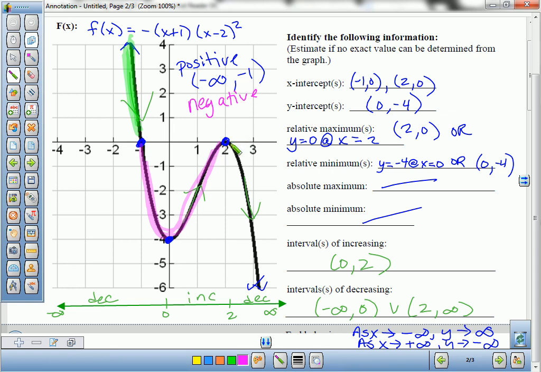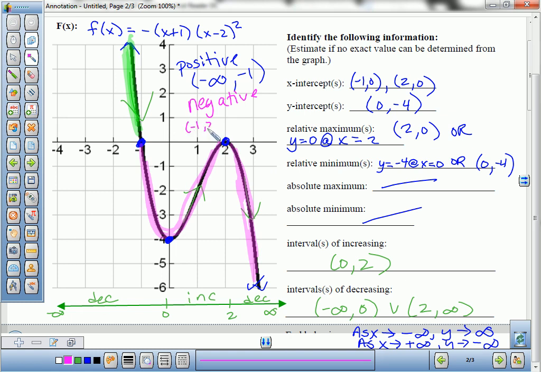And then it's also negative on the other side of this point. But at 2, it's not negative. It actually equals 0. So it is negative from negative 1 to 2, not at 2, so I can't include 2, and then from 2 to positive infinity. It is negative. So positive above the x-axis, negative below the x-axis.